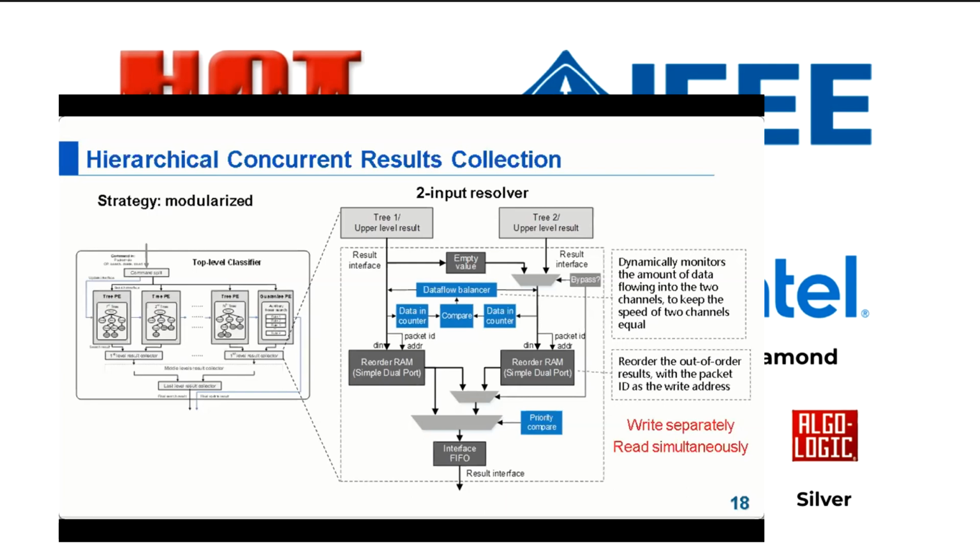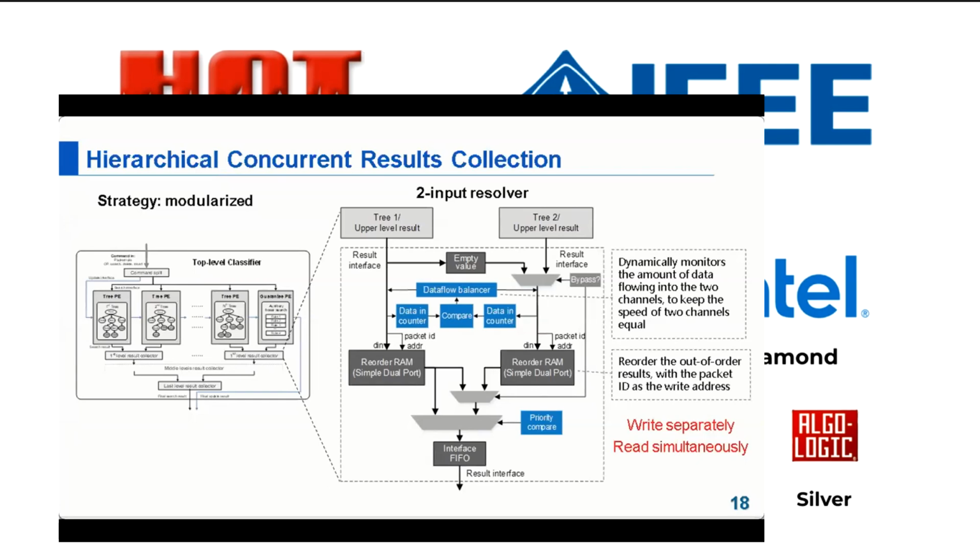Accordingly, the results of trees are parsed hierarchically in pairs, so the number of inputs needs to be a power of 2, which would be supplemented with empty trees. This picture shows the basic resolver.